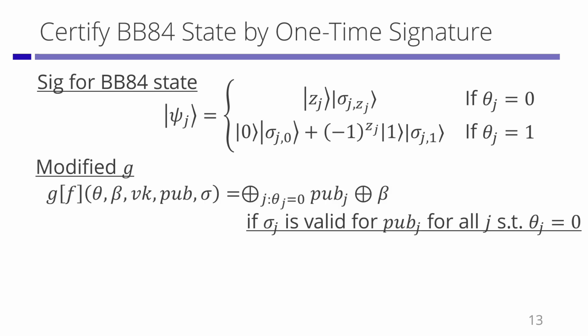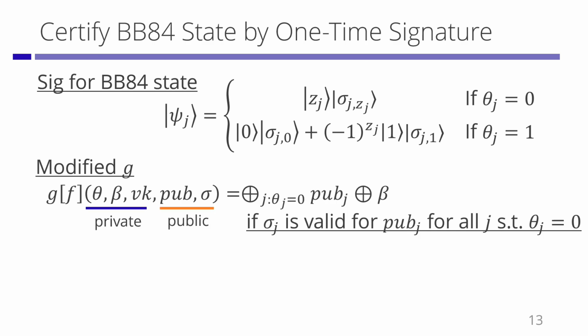And we slightly modify the function G from the previous slide. Now G takes theta, beta, the verification key of the one-time signature, the public input, and the signature. Then this function G outputs the same value if the signature is valid for the public input part for all computational basis parts.